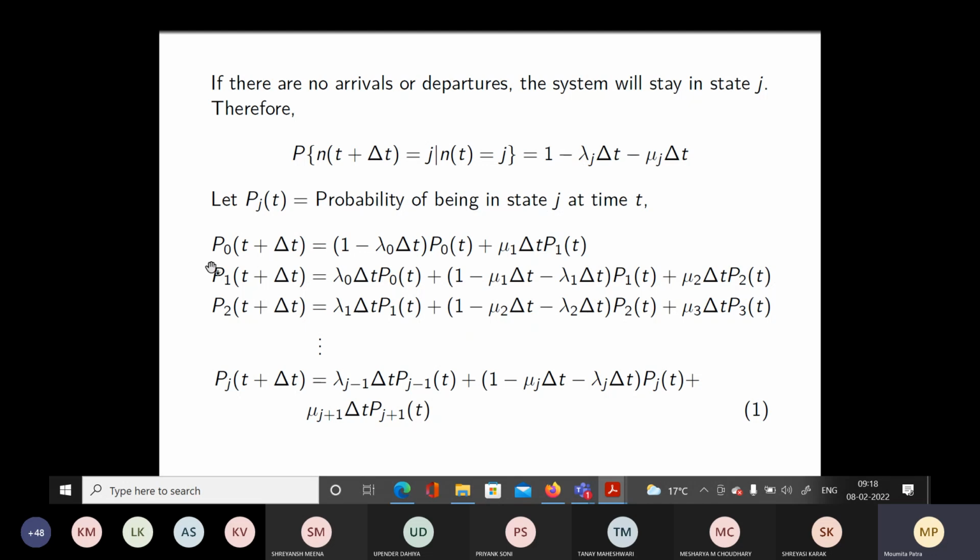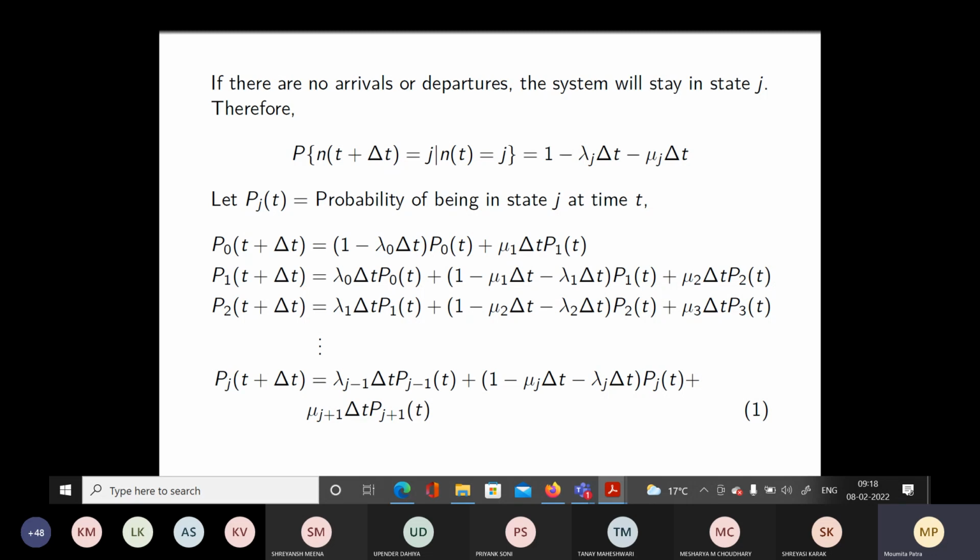So first you start with P0(t plus delta t). That is equal to 1 minus lambda 0 delta t times P0(t). That means there have been no arrivals, but there can be a departure from state 1 to state 0. So look at this P0(t plus delta t). What are the situations in which you can stay in the 0th state?